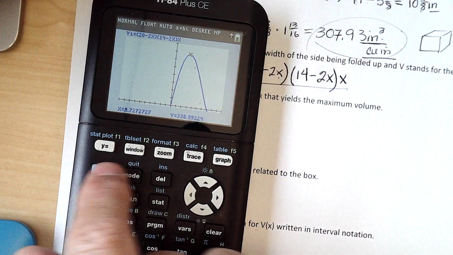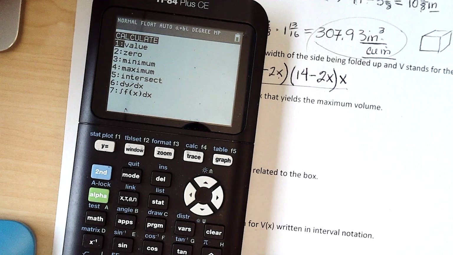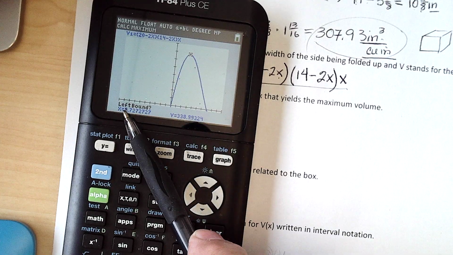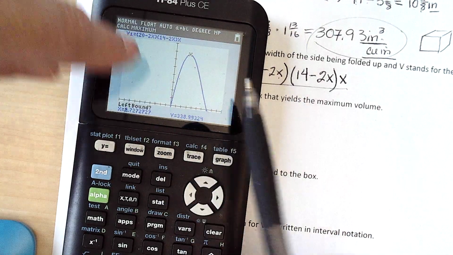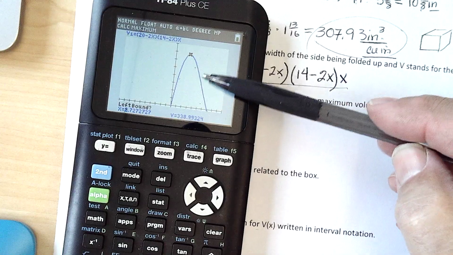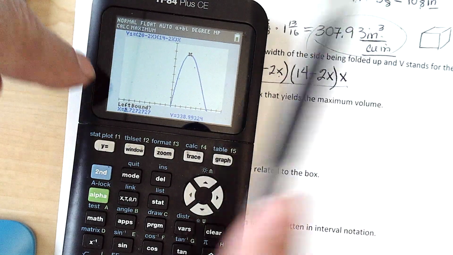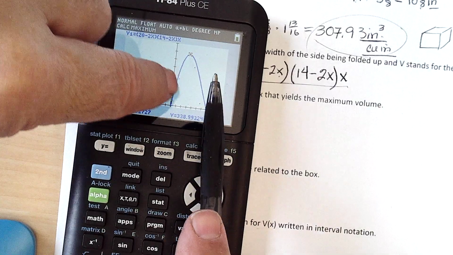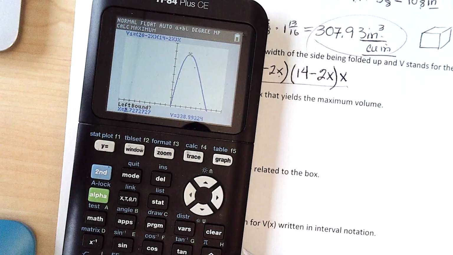If I go to second calculate, it says you can find the maximum. And what it wants to know is, where do we want to look for it? Now, if I had a graph that goes top, bottom, has several maximums, I have to tell it, look for the one between here and here, or from here to here, or from wherever they're at.